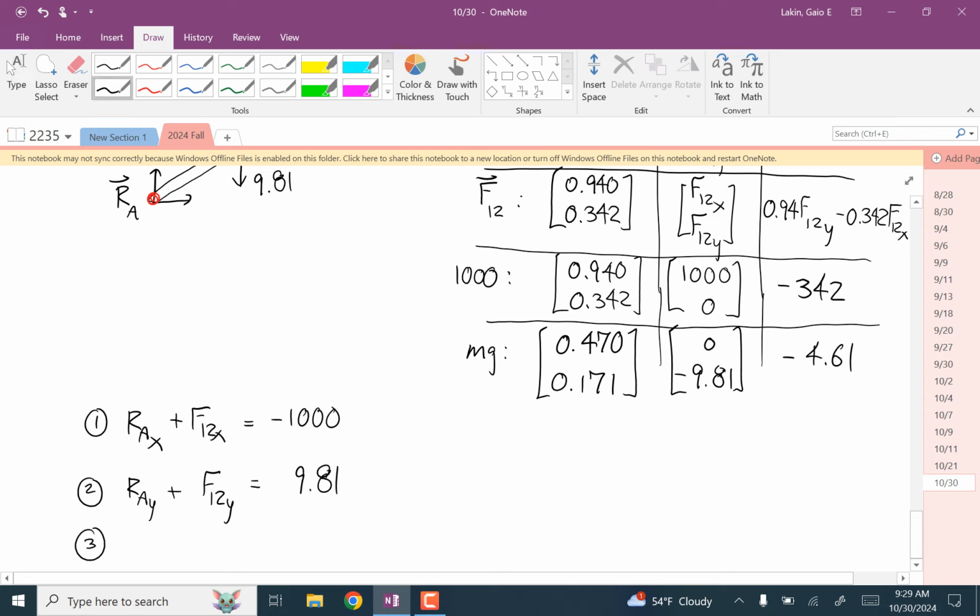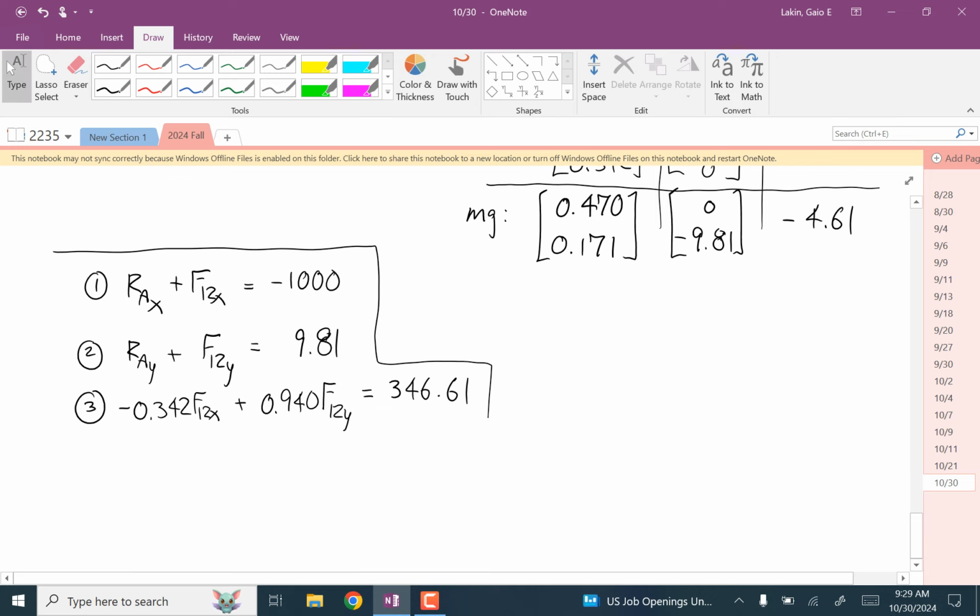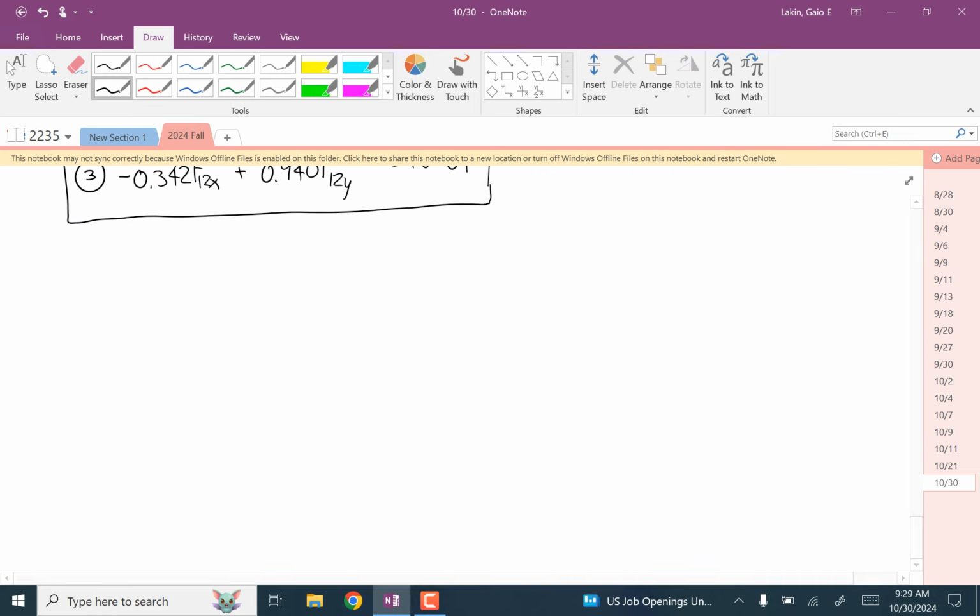And equation 3 says negative 0.342 F12X plus 0.940 F12Y is equal to positive 346.61. Everyone agree with me on those? Okay, and then member 2.